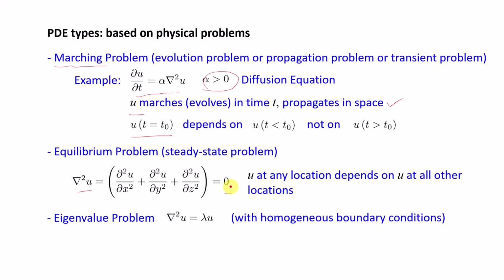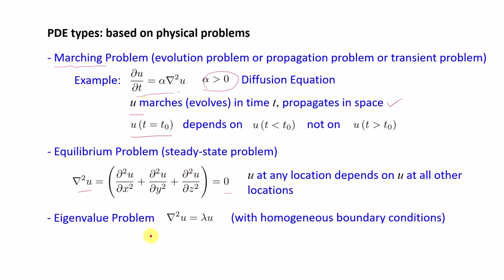Both the Laplace equation and the Poisson equation indicate an equilibrium problem or steady state problem. Here u at any location depends on u at all other locations. So this is fundamentally very different from the marching problem.